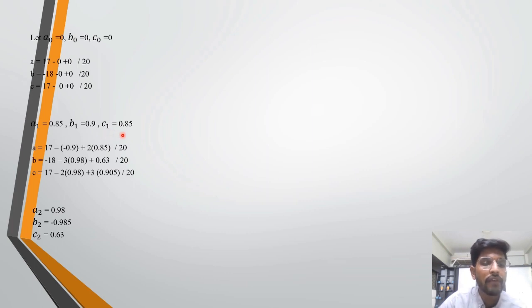Now, we take these values and again calculate the values of A2, B2, C2 by substituting them in the above equations. So we get the values of A2 as 0.98, B2 as minus 0.985, and C2 as 0.63.